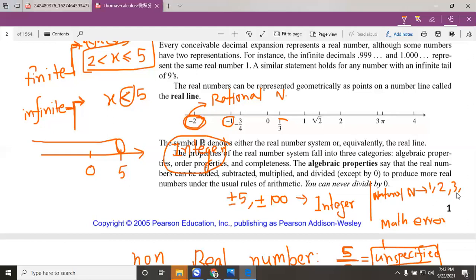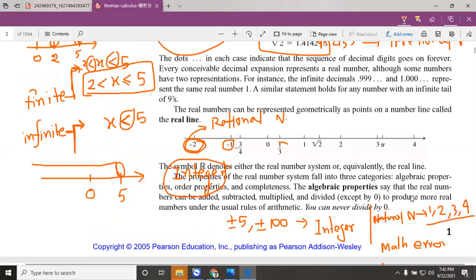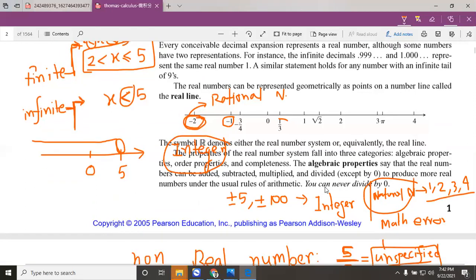We don't count like this is half people, right? So this 1, 2, 3, 4, this is a natural number. So all natural numbers and all integers will be rational numbers, okay.